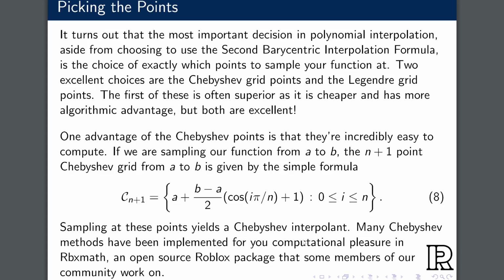There's the Chebyshev points and the Legendre points. The Chebyshev points are basically just better. They are cheaper to calculate, like it's cheaper to find which points you should sample, and there are essentially no advantages in practice to using the Legendre points over the Chebyshev points.